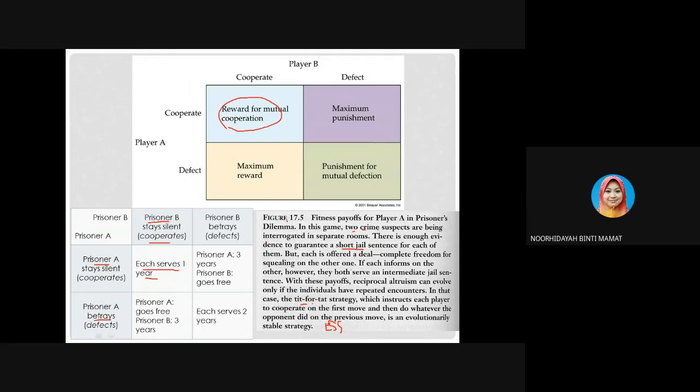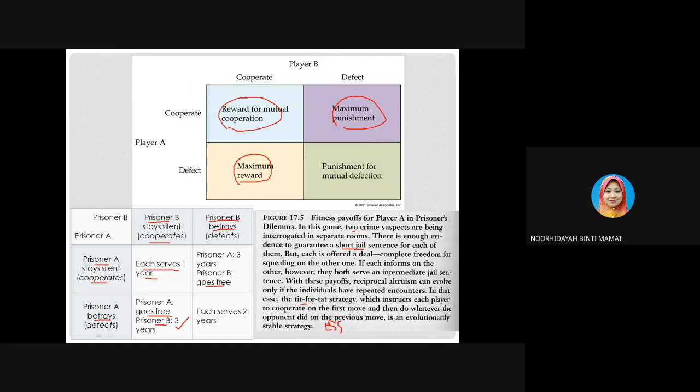Okay, so prisoner A will get the maximum reward: prisoner A will go free, but prisoner B will get 3 years of prison, under the bars. The same goes if prisoner B betrays while prisoner A cooperates: prisoner A will get the maximum punishment, 3 years, and prisoner B will go free.